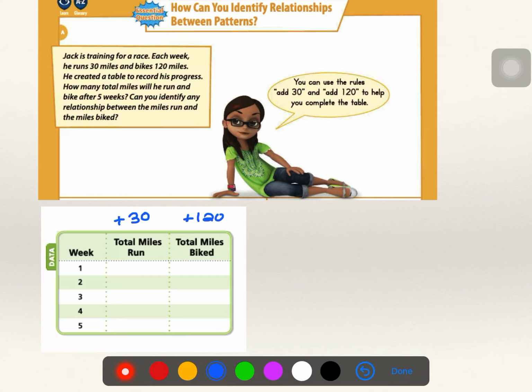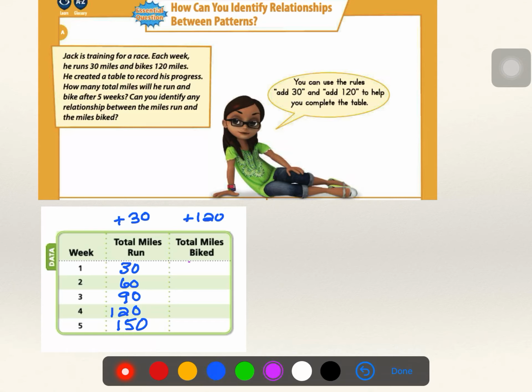Can you identify any relationship between the miles run and the miles biked? Well, we just did that trick. If I want to know it after 5 weeks, I'm sure you could multiply 30 times 5 and figure out. But I'm going to fill in the chart that we have here because the chart is useful. And I know that 30 times 5, or after 5 weeks, he will have run 150 miles.